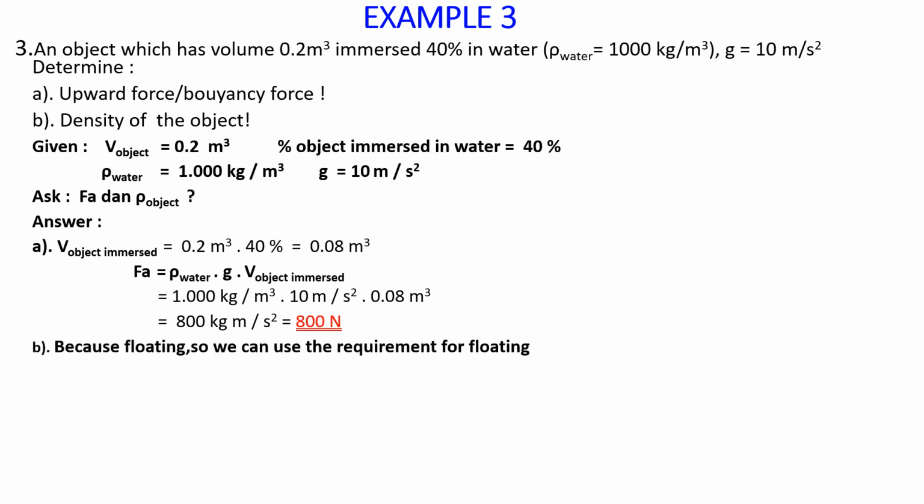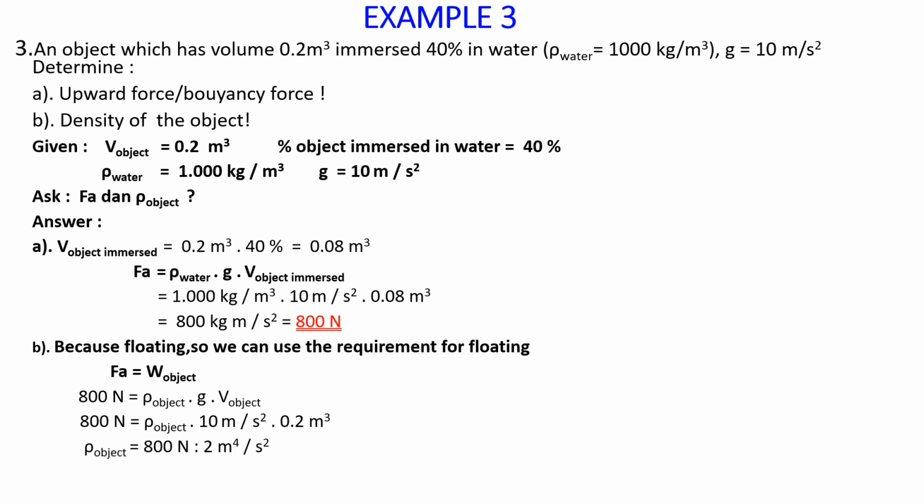And for question B, because floating, we can use the requirement for floating for the object, that Fa equals weight object. So 800 Newton equals density object times G times volume object. And 800 Newton equals density object times 10 meter per second square times 0.2 meter cube.